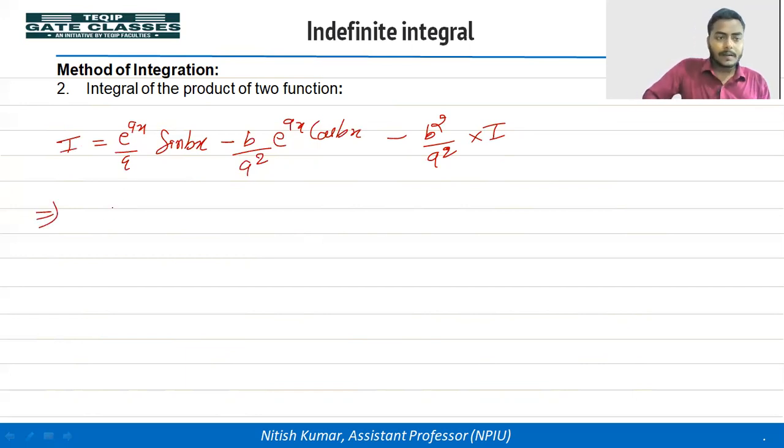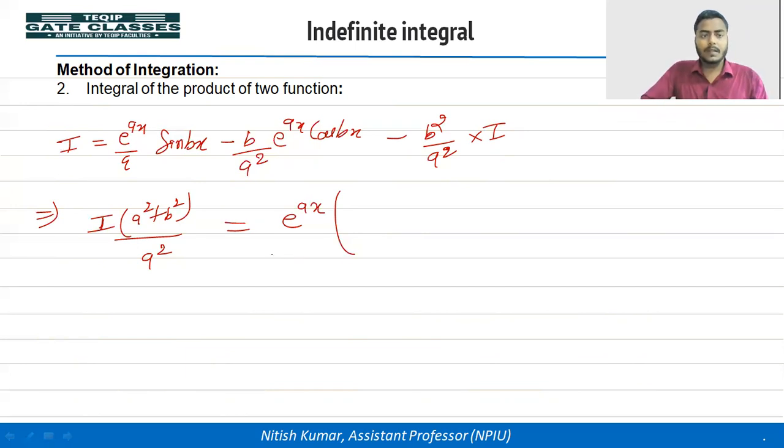So we take it to the left side, what comes: a square plus b square divided by a square equals e to the power ax. We can take a square common, so this will be a sin bx minus b cos bx.